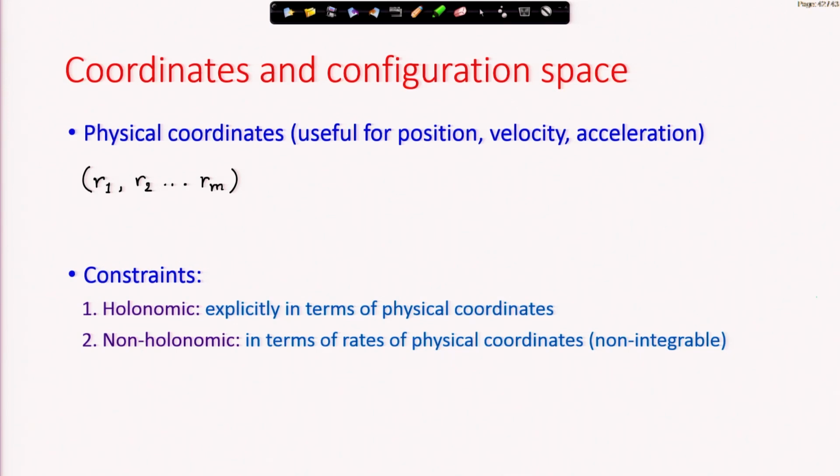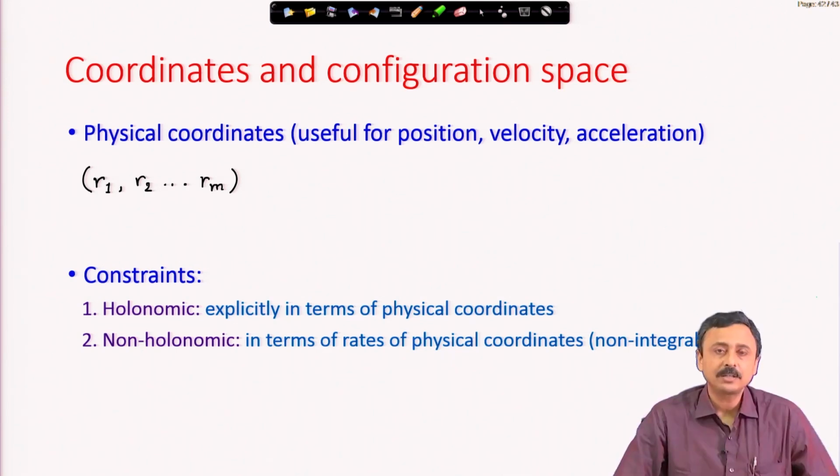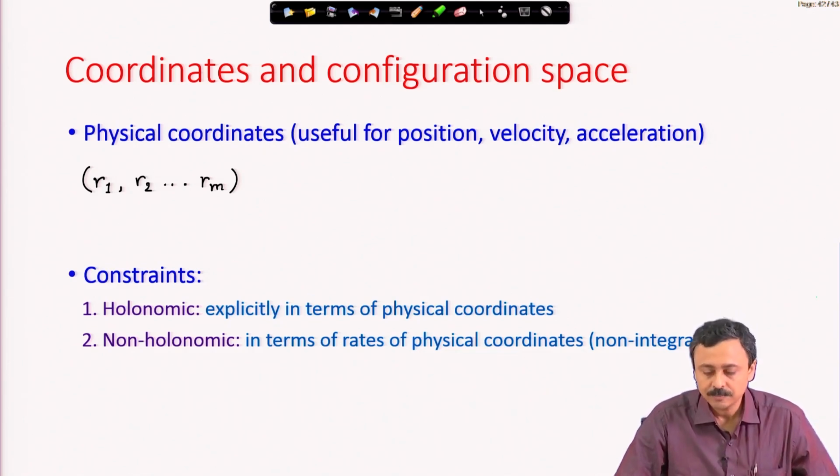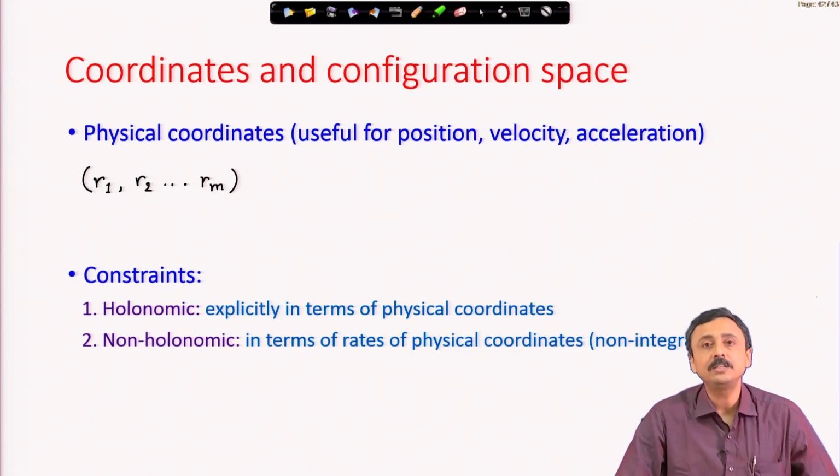integrable. Of course, if they are integrable, then I can get back the constraint in terms of the physical coordinates, but they are non-integrable, and that makes it very special. Therefore, non-holonomic constraints are basically constraints in terms of the time rates of the physical coordinates, but they are non-integrable.